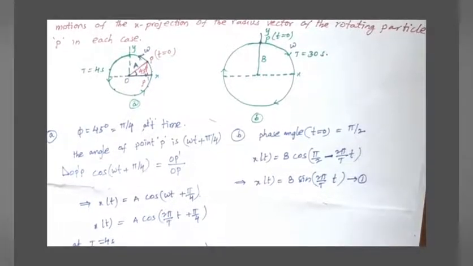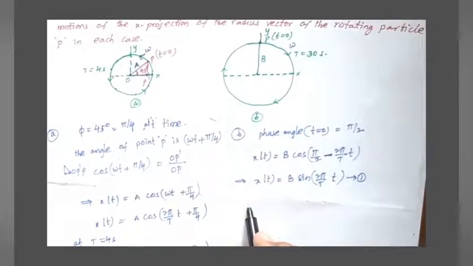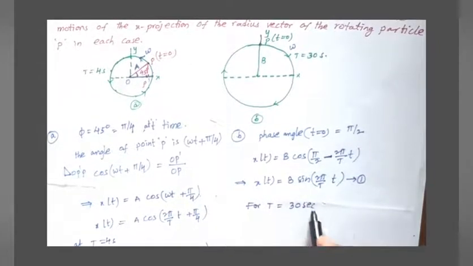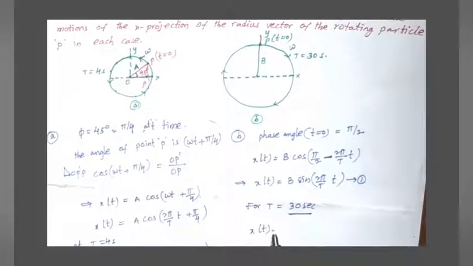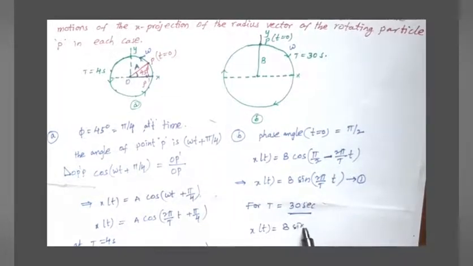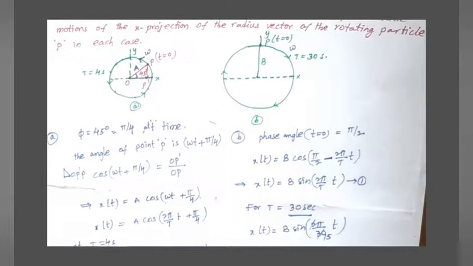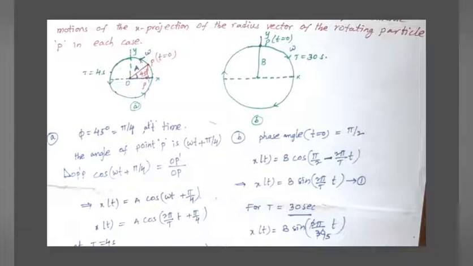Okay, next, the time period is 30 seconds. Substituting the time period, x of t equals b sin of 2 pi by 30 into t, which is pi by 15, so x of t equals b sin of pi by 15 t.